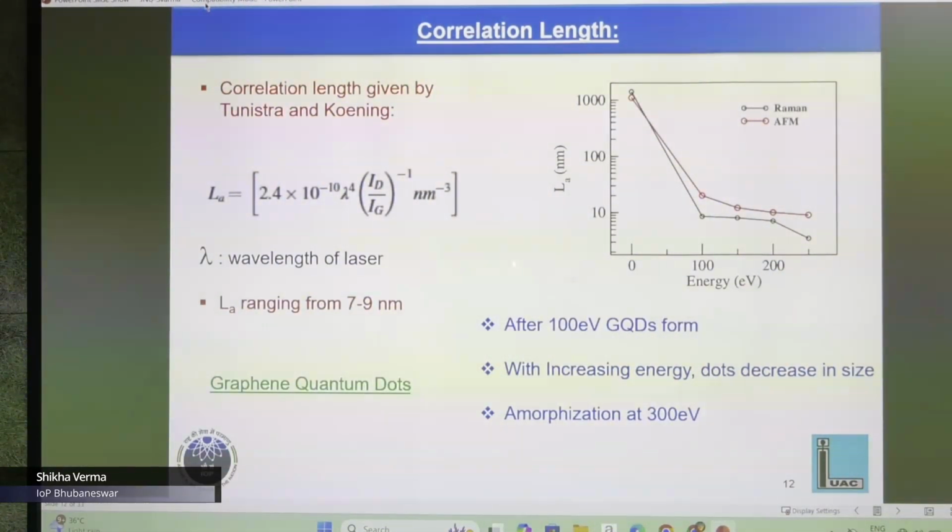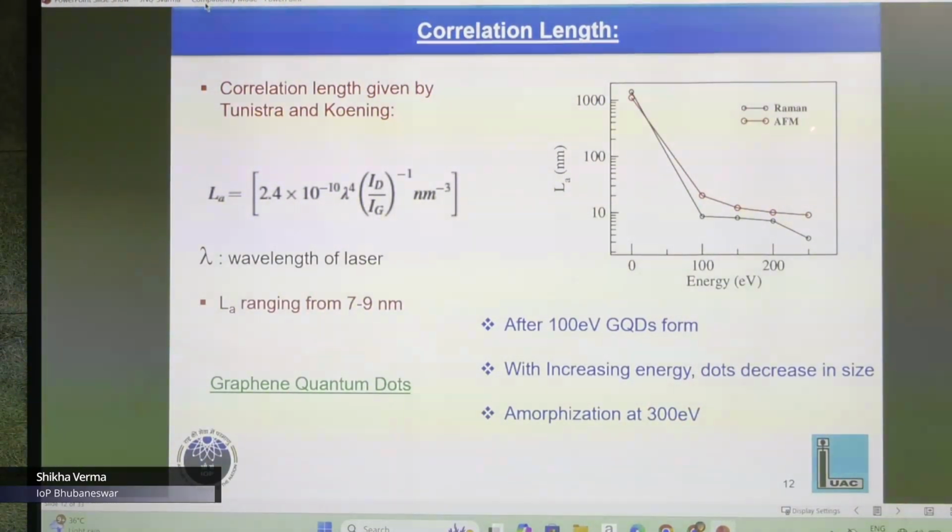So one can calculate the correlation length. You need the Tuinstra-Koenig relationship from the Raman, and from it one can look at the ID by IG ratio from the Raman, and lambda is the wavelength of the laser which is being used.